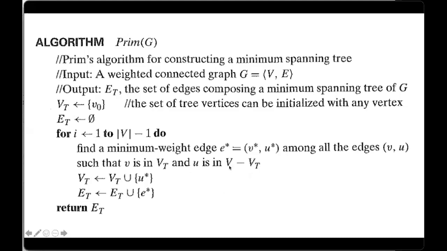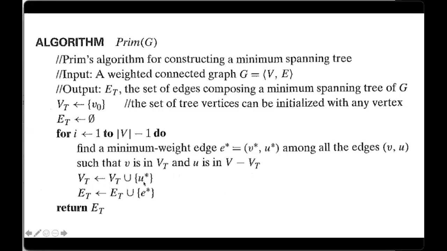Okay, and remaining vertices. So whatever edge you find, you have found a minimum weight edge. This V star is already in VT.